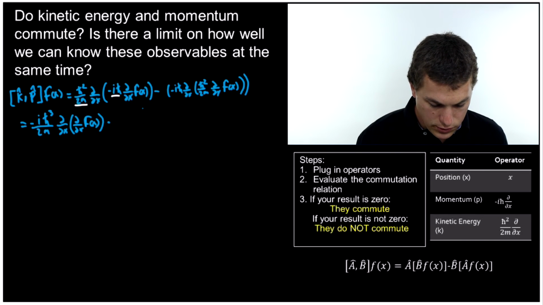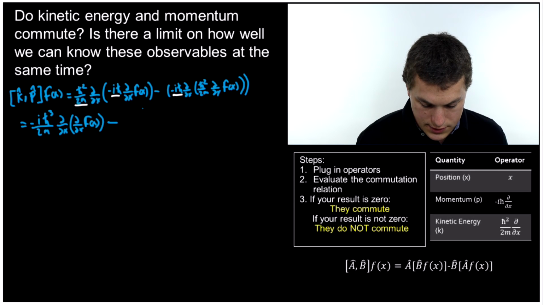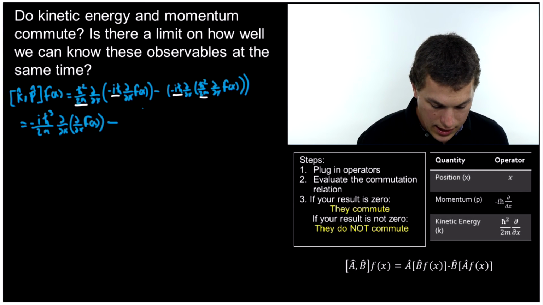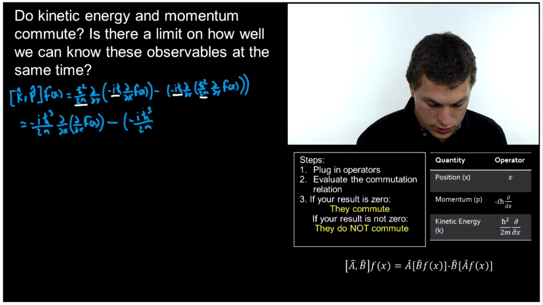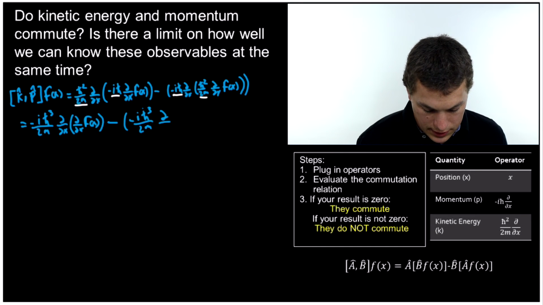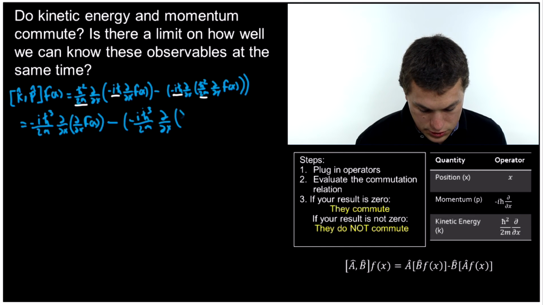And then in the next case, once again, we can pull out our constants and combine them, and we're going to get negative i h bar cubed over 2m. And then again, we still have our derivatives, the partial with respect to x, and then once again, the partial with respect to x.